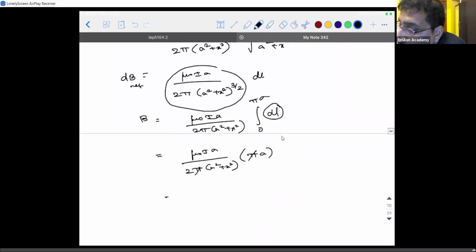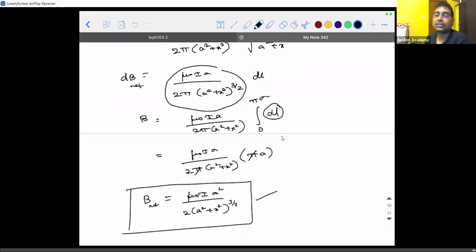Pi and pi will get cancelled. You will get mu naught I a square divided by 2 into a square plus x square the whole power 3 by 2. This is the value of the net magnetic field due to this circular current carrying loop. And this is a very, very important value which is to be remembered. In the next chapter also, you will have this value that is going to come.